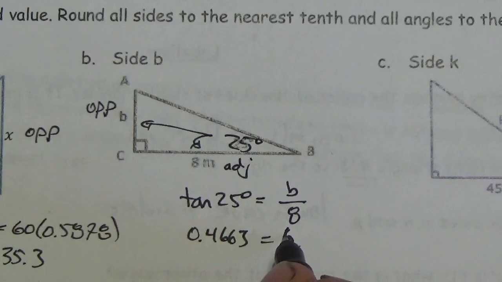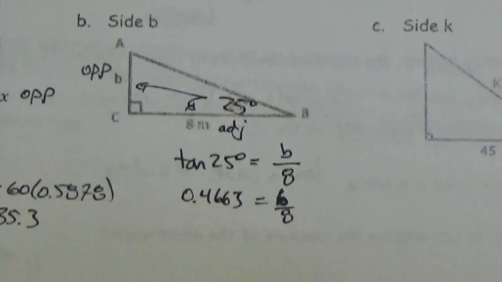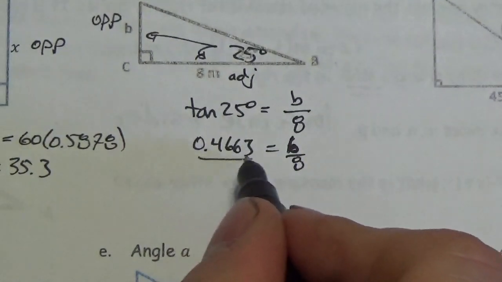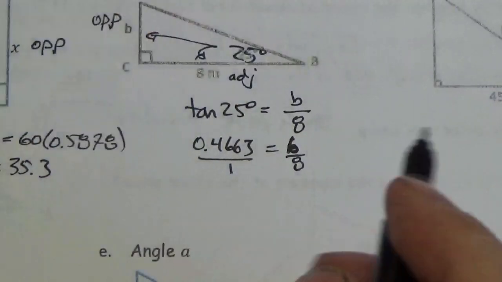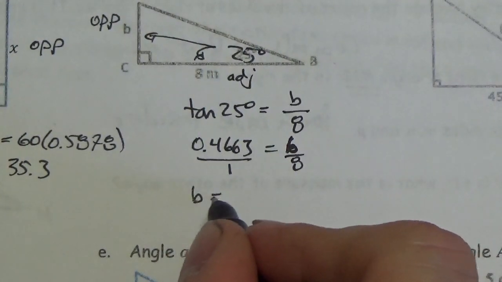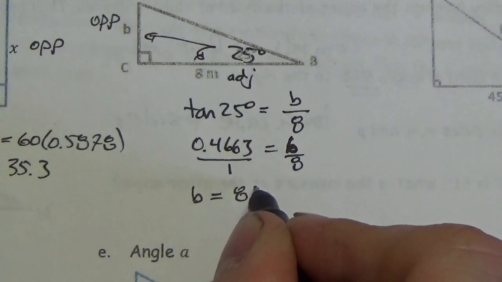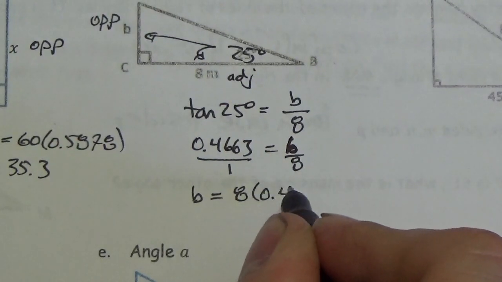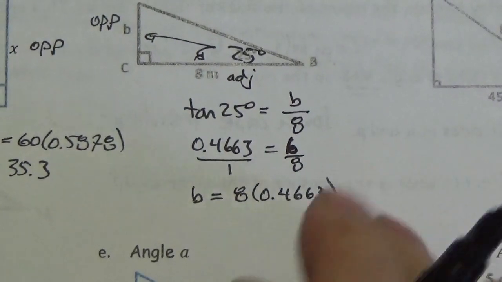That's supposed to be B over 8. Well, again, I'm going to put this over 1, and I'm going to cross multiply it. I'm going to get that B is equal to 8 multiplied by 0.4663.